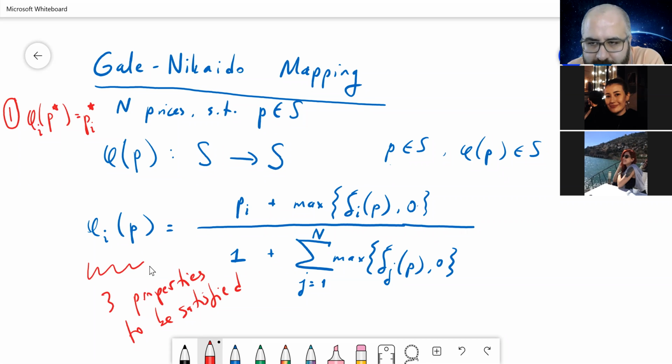So this mapping should realize that we are in equilibrium. This is the Walrasian general equilibrium. Every market clears. So there must be no updating in the price, right? So phi of P star must be P star.